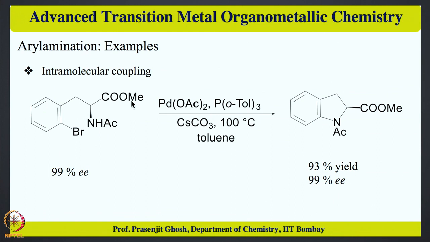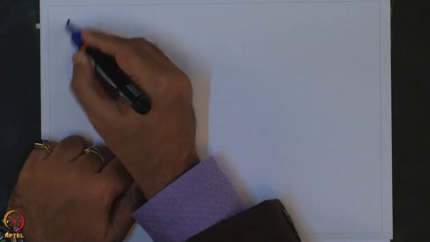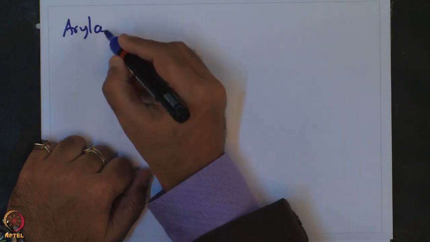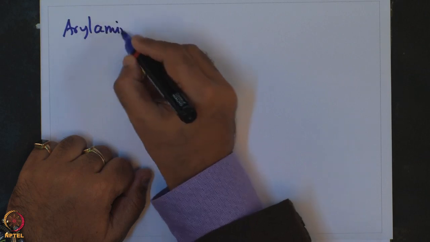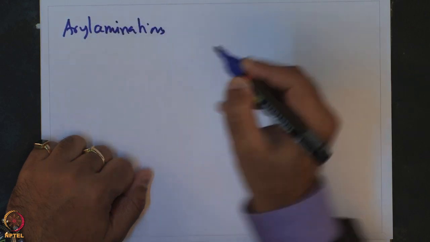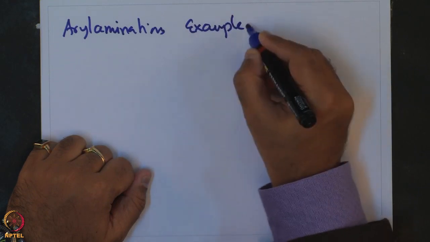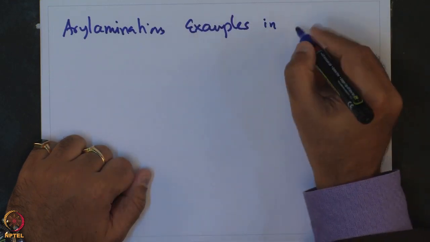So, one important example is in asymmetric aryl amination reaction, in asymmetric catalysis.